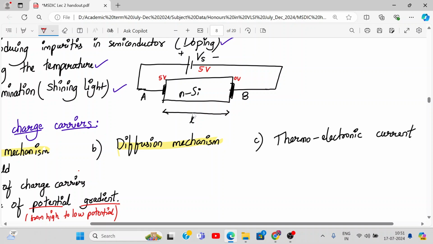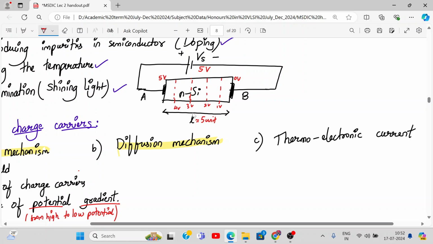Let's say this length L is 5 units. At this point the voltage will be 4 volt, here it will be 3 volt, here 2 volt, here 1 volt, and here 0. So can I say at different points in the semiconductor the potential is different?